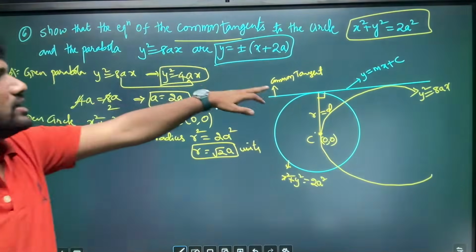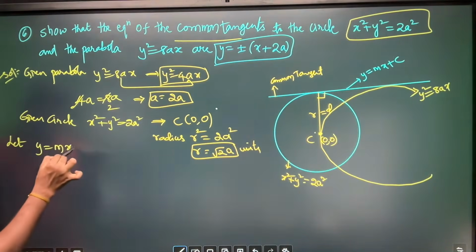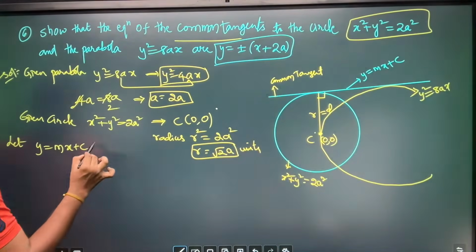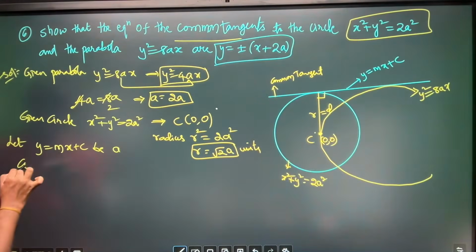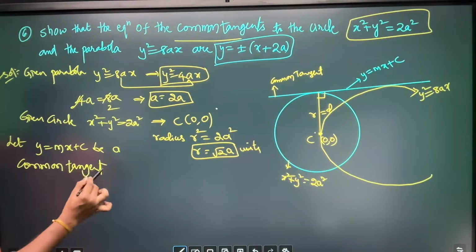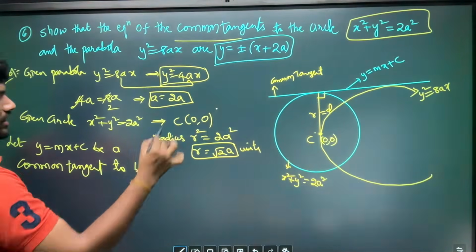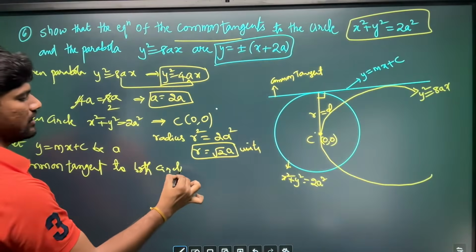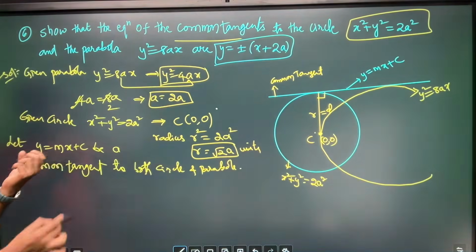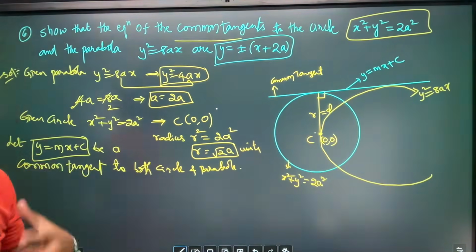Now what they're asking: let y is equal to mx plus c be a common tangent to both the circle and parabola. If y is equal to mx plus c is a common tangent, it has to satisfy one condition.